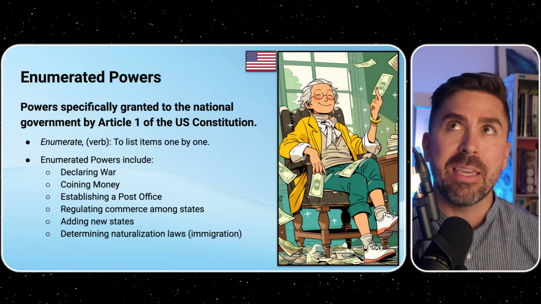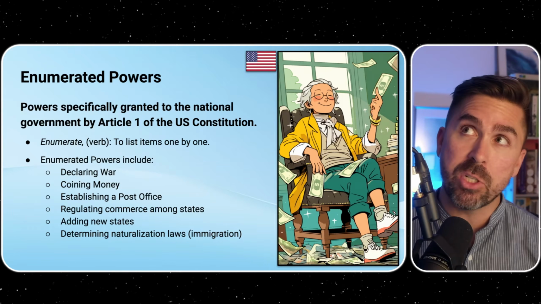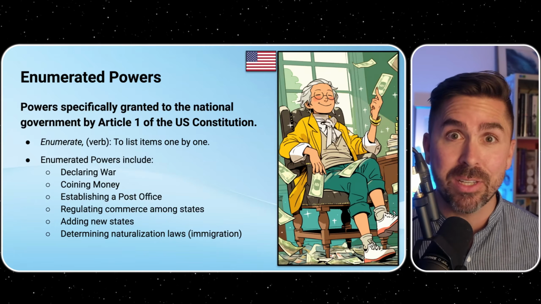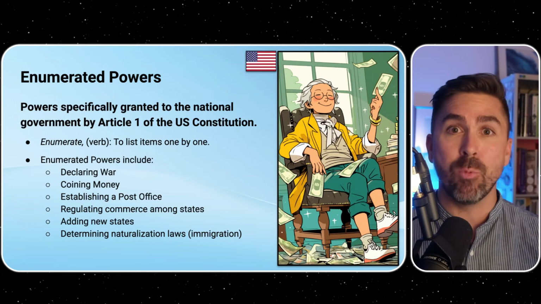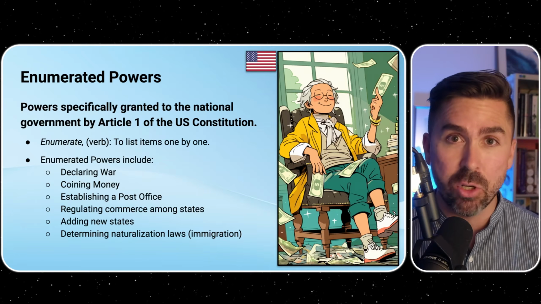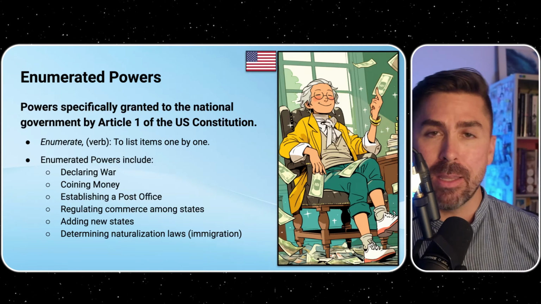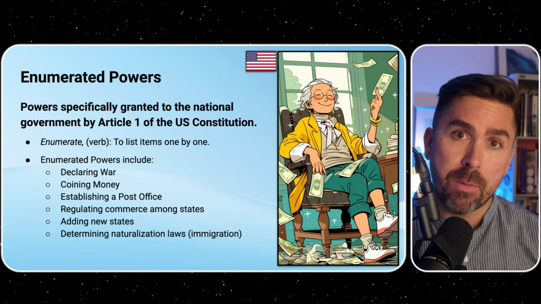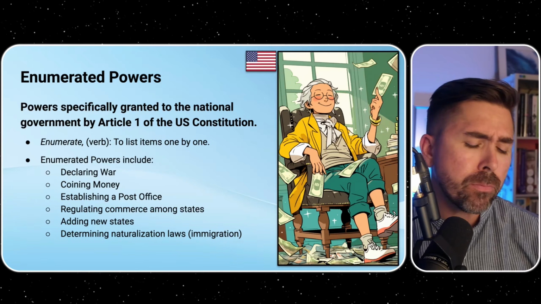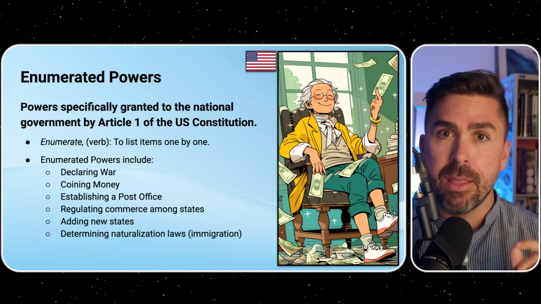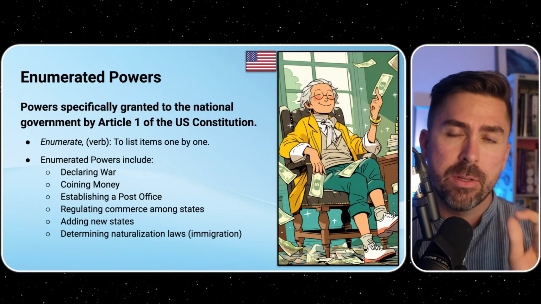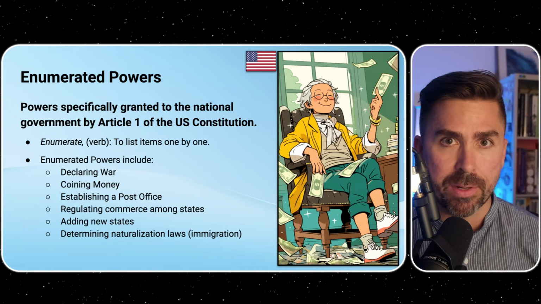So when we talk about enumerated powers, what I want you to think about is there's actually a list of them. We can actually go to the Constitution and we can read that list of enumerated powers. It's all right there. And so enumerated powers, again, they're found in Article 1. They're part of the responsibilities and duties of Congress, and they are listed out for us to see what the national government is able to do.